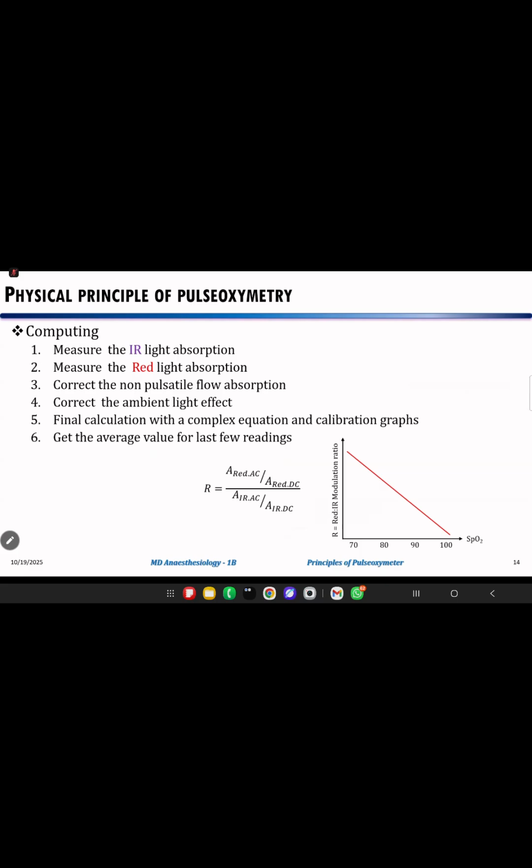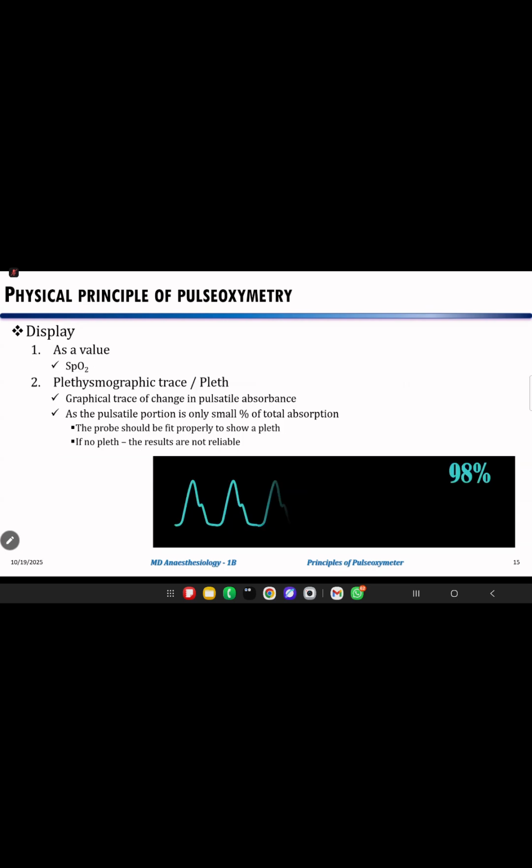They display the value as SpO2 and show a pleth, which is called a plethysmographic trace. It is the graphical trace of the change in pulsatile absorption, which I talked about a few minutes ago.